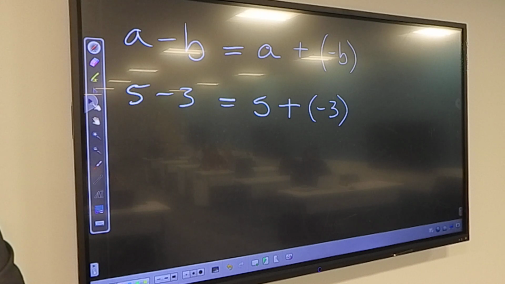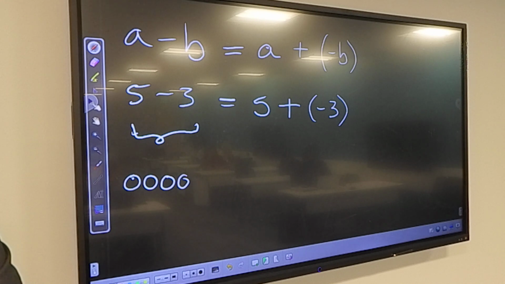This side over here is imagining 5 doodads, and then you throw 3 of them in the garbage and see what you've got left. And that act of throwing them in the garbage was like subtraction.